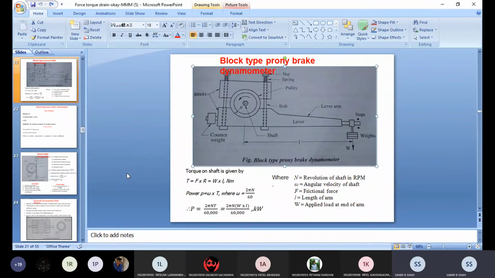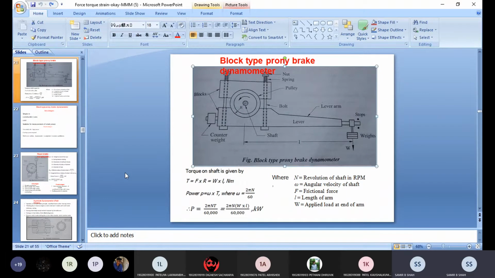We have T from the above relation, that is force into radius, or W into L. So we get the result, and based on that we calculate both power and torque from this arrangement, which is known as a block type or Prony brake type of dynamometer.